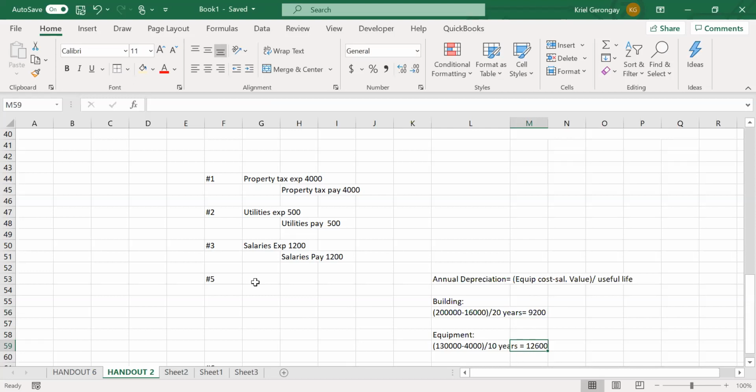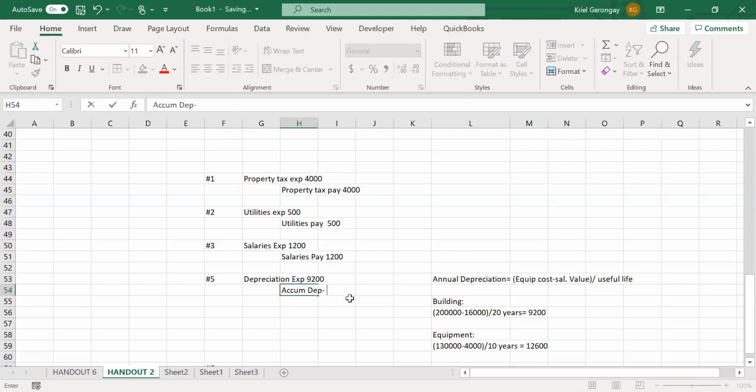And so for the adjusting journal entry, we can do it separately, or we can combine the two depreciation expenses. We'll just do it separately so that it will be much clearer for you. So for the depreciation expense, we're doing the building first. The building has a depreciation expense of 9,200 and an accumulated depreciation of 9,200.